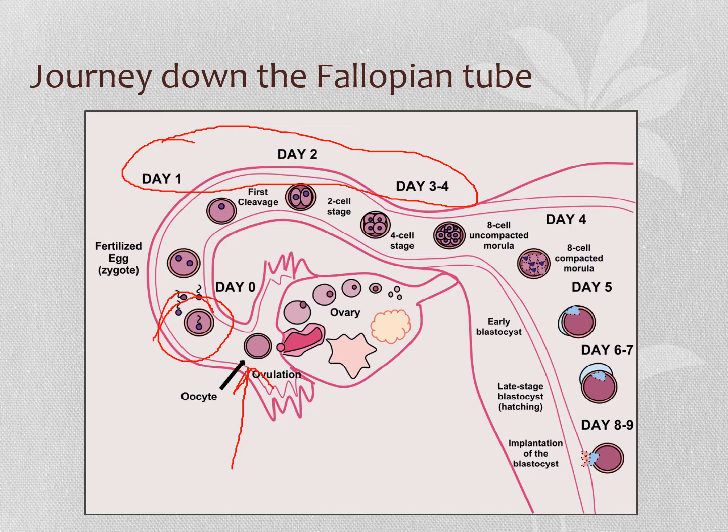By about day 6, 7, you've already gone past the morula stage and you're entering the blastocyst stage, and then you're going to actually implant, and the blastocyst is going to move into that endometrial lining.